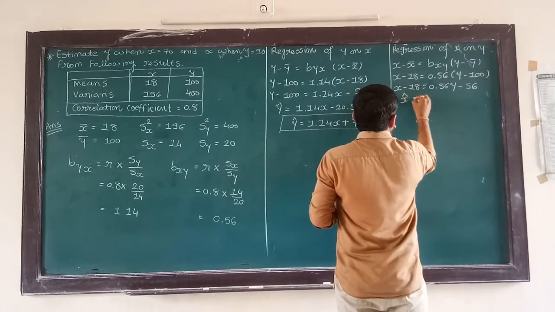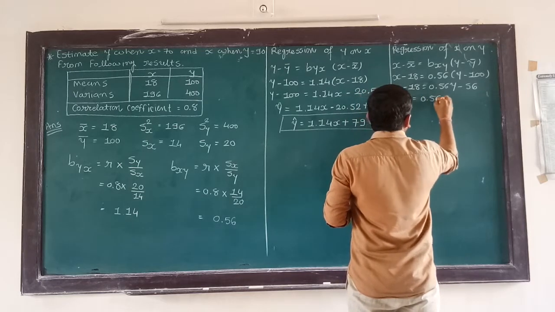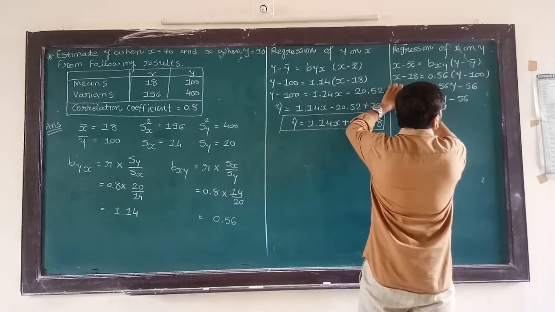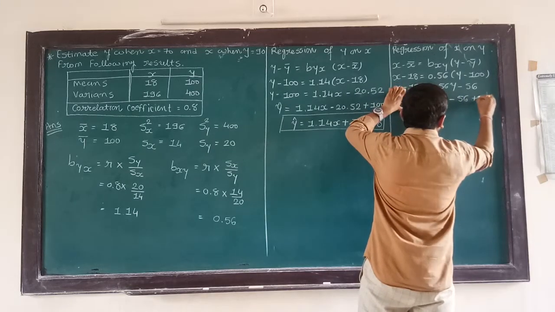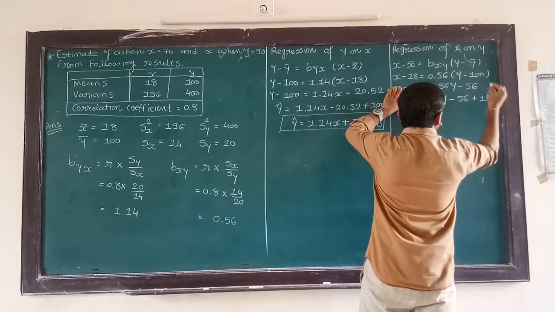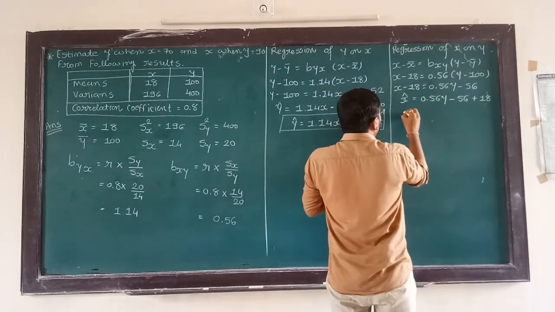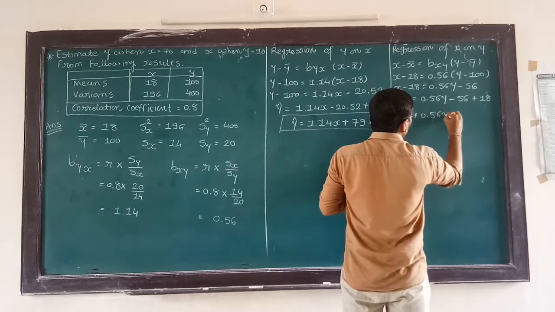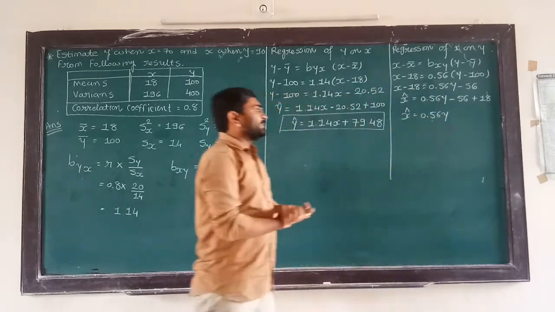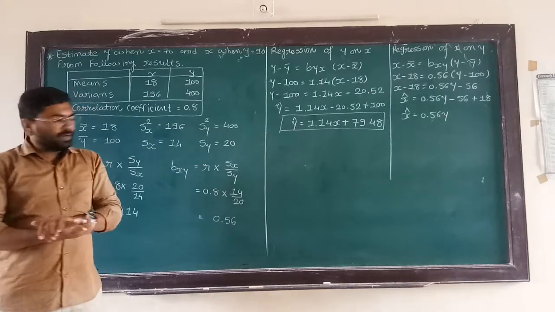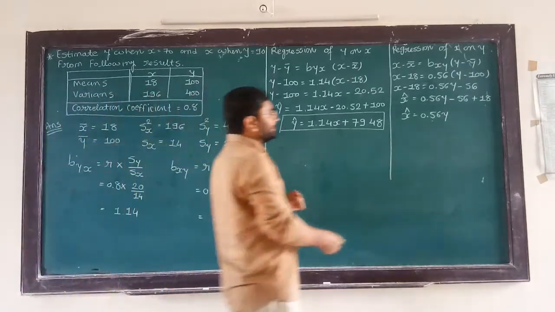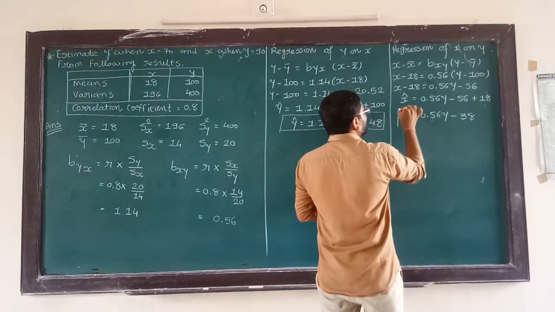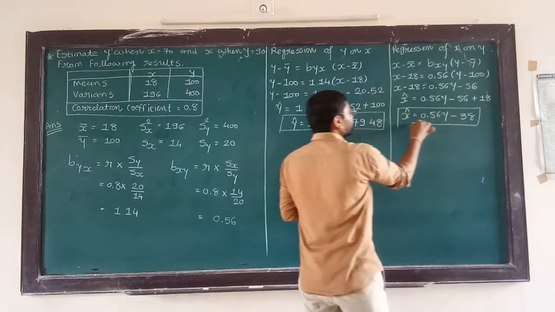Now x cap is equal to 0.56y minus 56. Here 18 is minus, opposite is plus. Now x cap is equal to 0.56y minus 56 plus 18, which is 0.56y minus 38. Here we got the second regression line of x.